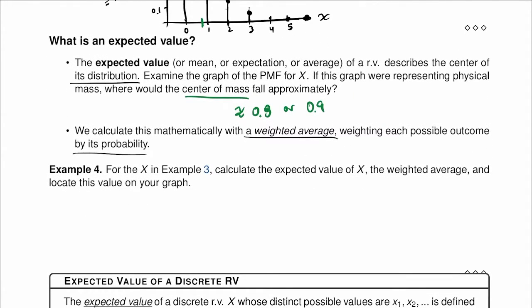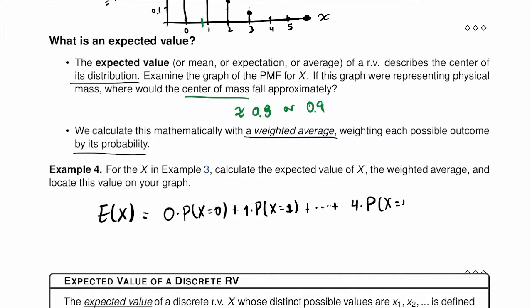So for the x in example 3, we calculate this expected value. The expected value is going to be a weighted average, so we will have the possible values of x multiplied by its probability. So it's 0 times the probability of x being equal to 0. And we will do that for all the possible values of the distribution. 1 times the probability of x equal to 1, and so on until 4 times the probability of x being equal to 4.